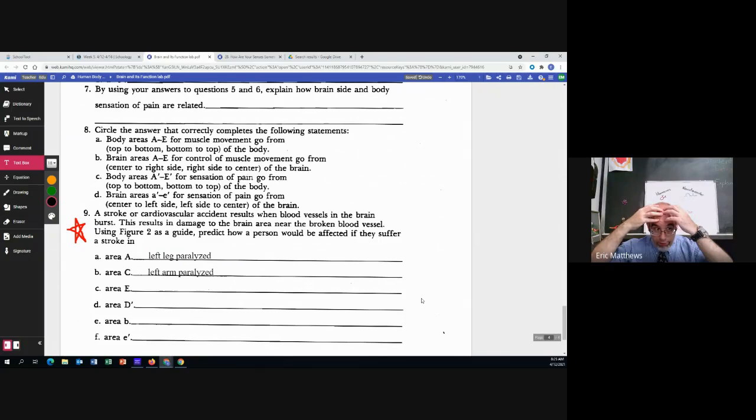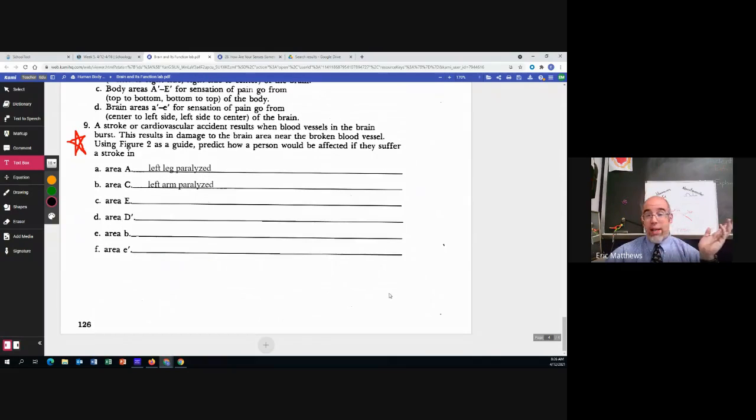And so if you suffer a stroke in one area, that's only going to hurt the parts of the brain over here that control the connected body segment. And so we see people very, very often after a stroke having partial paralysis in their face, where one side of their face doesn't move like the other one does. It's very, very common. Use the diagrams to answer it, and that's the lab.